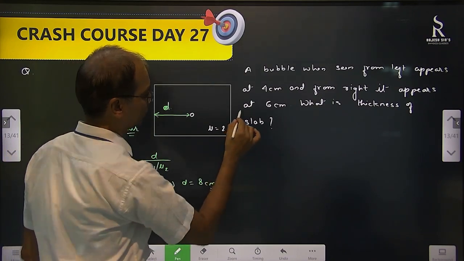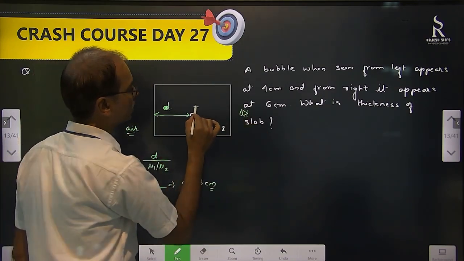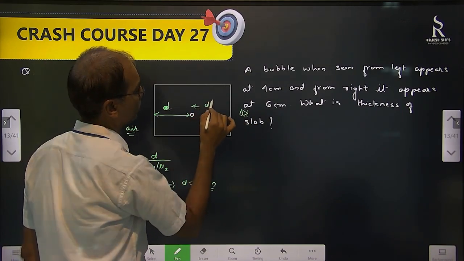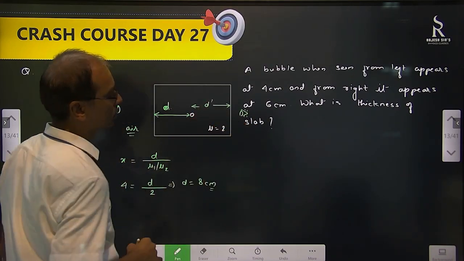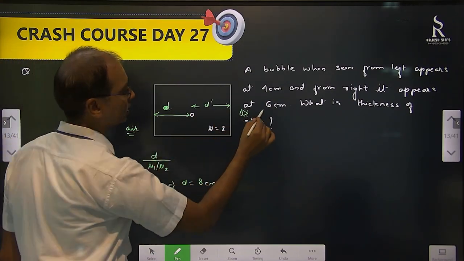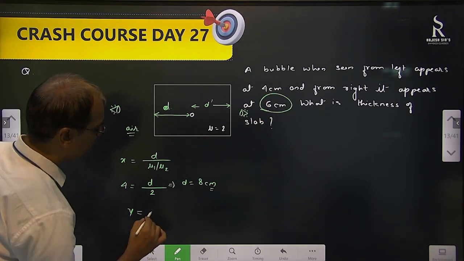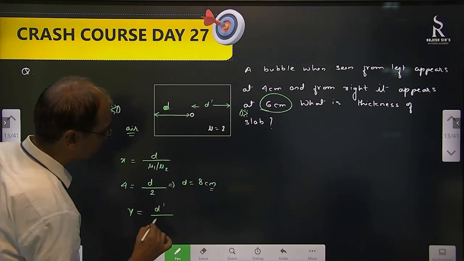Now from the right, let's assume this is d dash. From the right side it is given that it appears at 6 centimeters. So I am saying y is the apparent position. So y equals d dash, again mu1 by mu2.